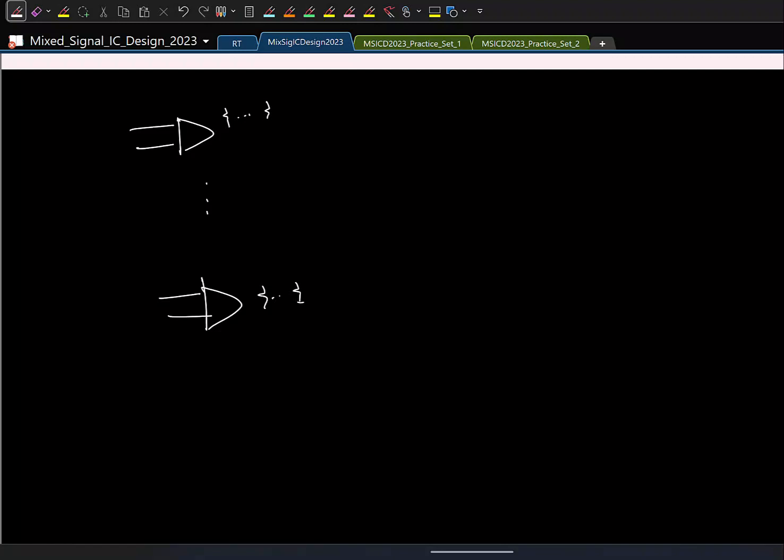In each comparator you choose the appropriate number of resistors in parallel, so that in the first comparator it is some VR1, here it is some VRK, and so on. The offset in each comparator must be programmed appropriately so that the input is compared with the required reference voltage in each. If you do that, then you don't need to generate the reference at all. You don't need to subtract the reference from the input explicitly. It all happens in the circuit itself. So this is another thing that is also done.